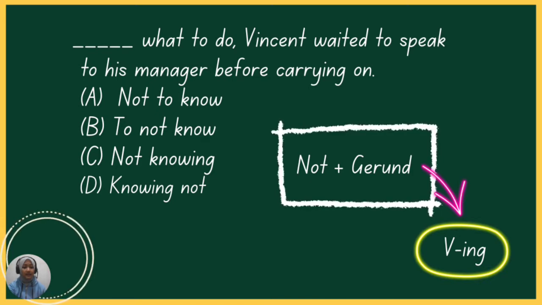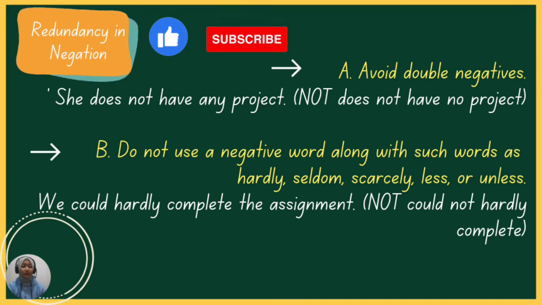A, B, C, D. The most appropriate one is C, not knowing. So we have not knowing what to do, Vincent waited to speak to his manager before carrying on. Okay, what's next? We have redundancy in negation.